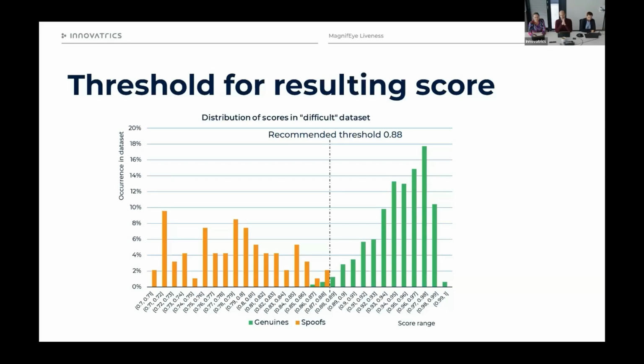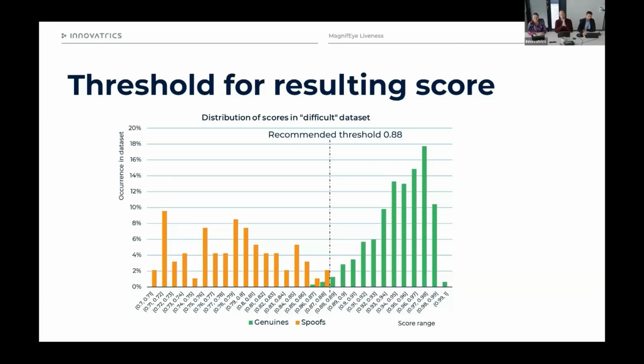In order to suggest the best threshold, we have created an extra data set, which we call a very difficult data set, where all the spoofs that we have put there are spoofs of high quality, and all the genuines are photos taken in bad light conditions. So you have a combination which is not a real world sample, but this is a combination which is mostly challenging the algorithm. And still we have very good separation of these two sets.